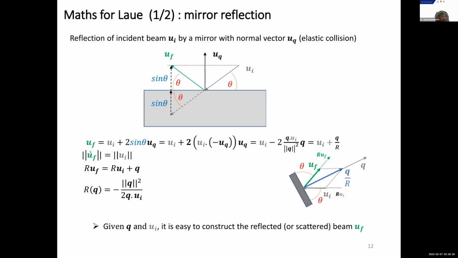Whatever the normal of the crystal, you can always have this relationship. If you know the normal and the direction of the incoming vector, you can calculate the outgoing vector. So given Q and UI, it's easy to construct the reflected or scattered beam UF.